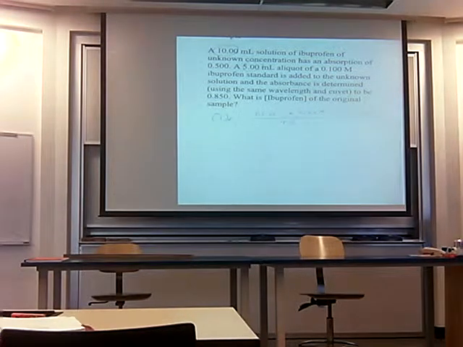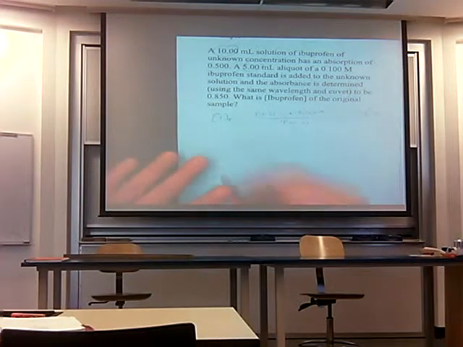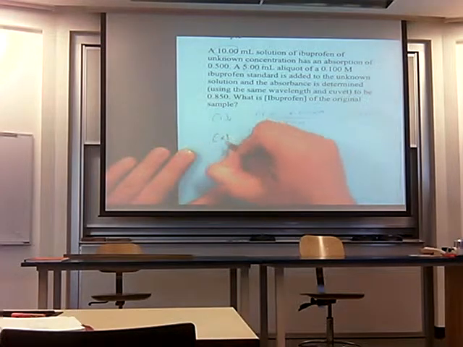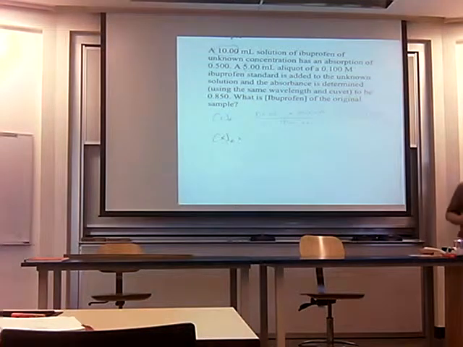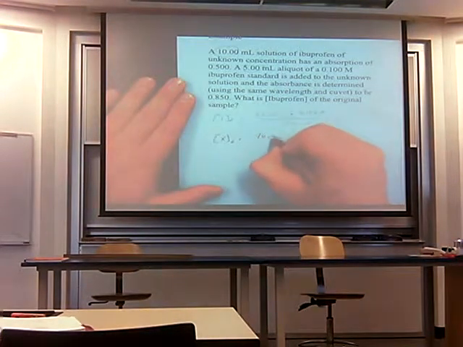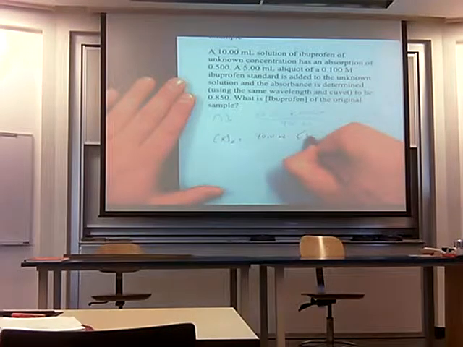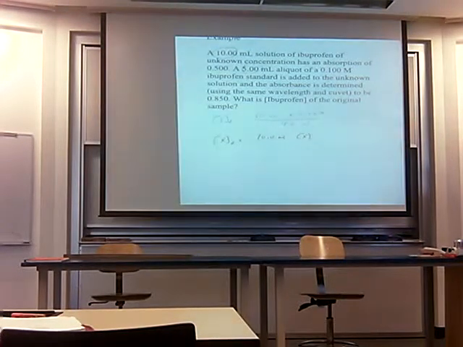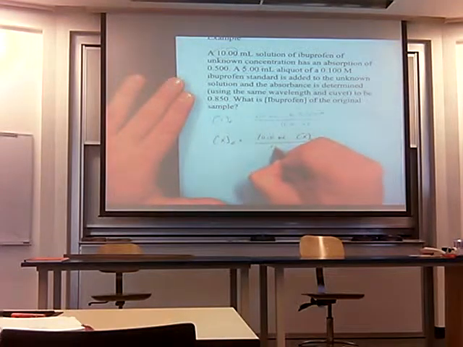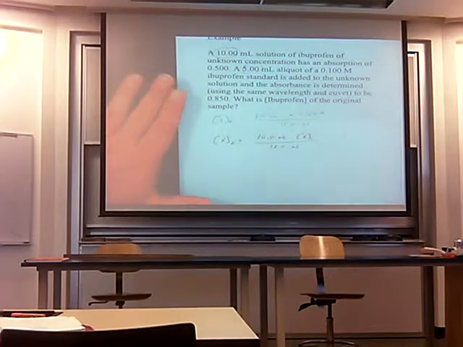After we've added the standard, the concentration of the unknown ibuprofen has also been diluted. We started with 10 mL of it. It had some concentration. We don't know what that is yet. That's what we're going to figure out. It's now in a final volume of 15 mL because we added 5 mL of the standard to it.